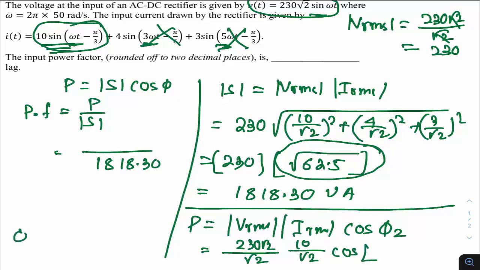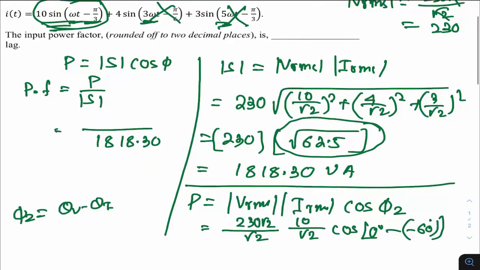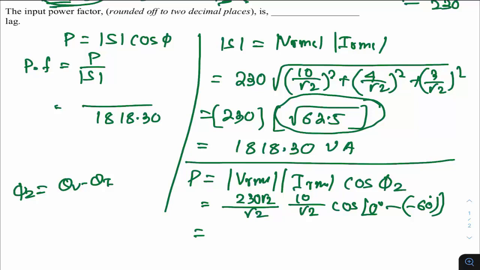Phi is given by theta V minus theta I. The voltage angle is 0 if I take sine as the reference, 0 degree, minus the current angle, which is minus pi by 3, that is minus 60 degree. If you simplify this, 230 into 10 is 2300 root 2 divided by 2, and this is cos of 60 degree. What is cos 60 degree? Cos 60 degree is half, right? So cos 60 degree is half.